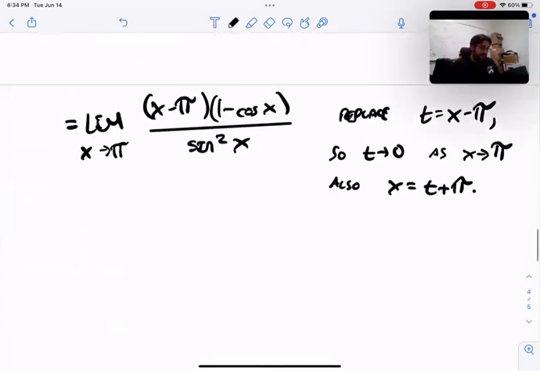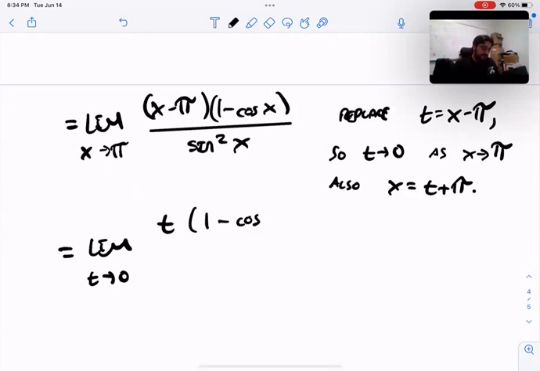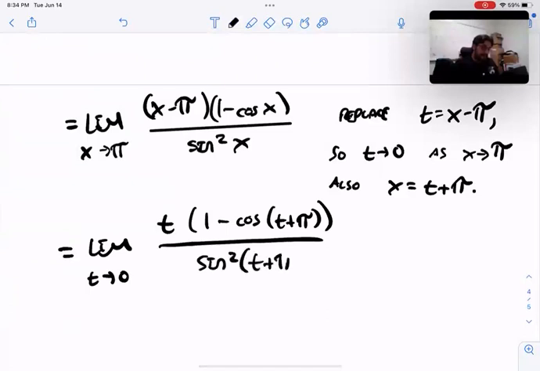So this gives me something that I can use to rewrite this limit. I'd have the limit as t goes to 0 of t up here, 1 minus cosine of, sorry, t plus pi because it's x, and then down here, sine squared of t plus pi.